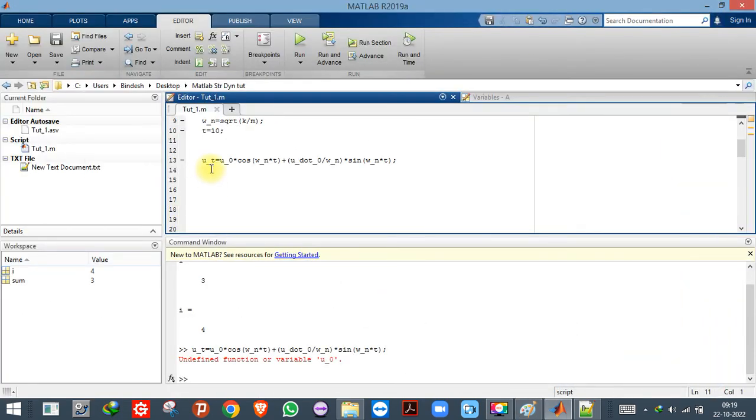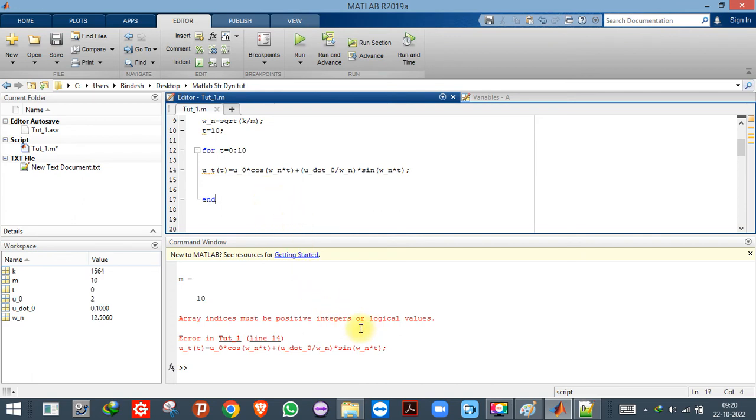So again we'll use a for loop: for t equal to 0 to 10, and give an end loop, and here in brackets simply give t. So it will note down the response. Now run it. There is a problem: indices must be positive integers or logical values. So okay, this one will be 1 to t, sorry.